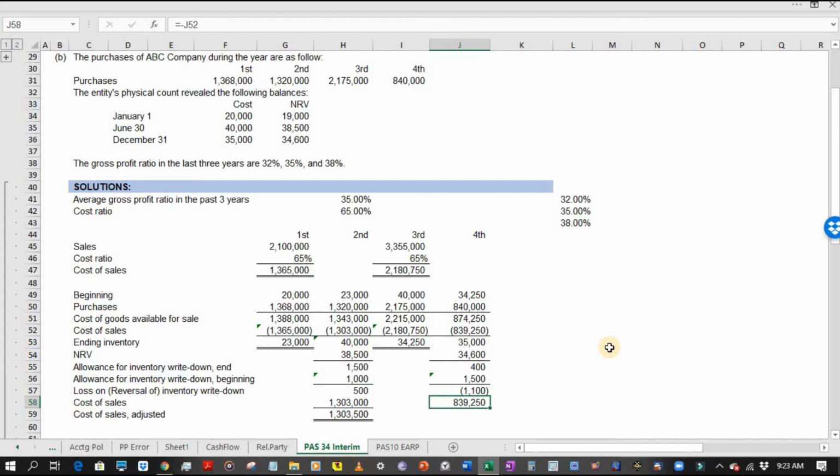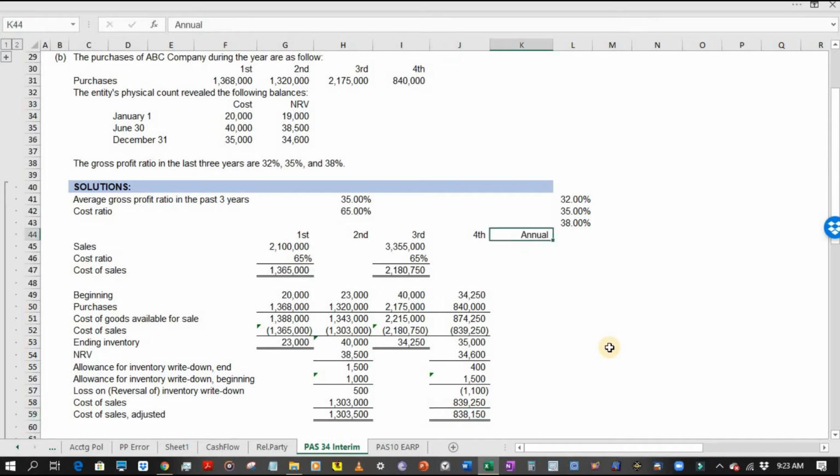So 839,250 less the 1,100. The cost of sales now, which is already the adjusted amount that will appear in the non-cumulative income statement for the fourth quarter, is 838,150 pesos. Now let us proceed to the annual reporting.